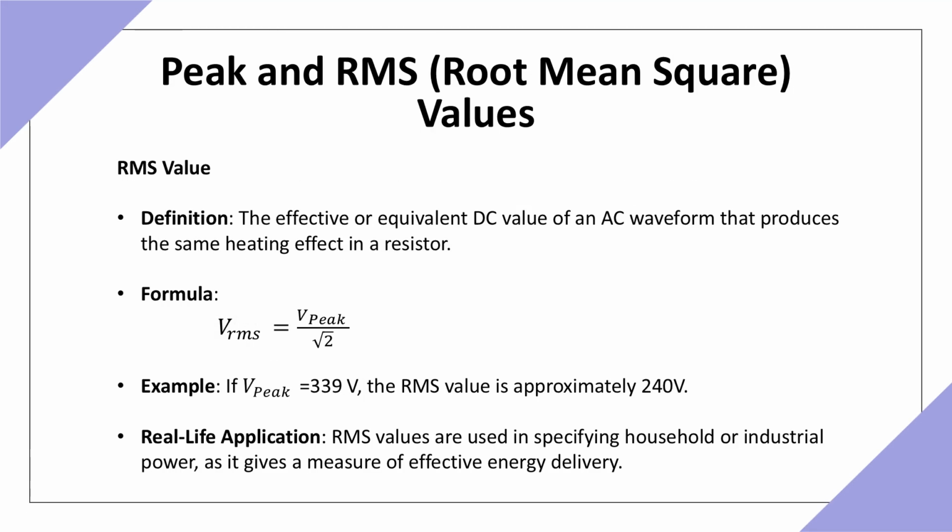RMS, root mean square, value is the equivalent DC value that delivers the same heating effect. For a peak voltage of 339 volts, the RMS value is approximately 240 volts. RMS values are crucial for specifying electrical systems because they give a practical measure of the energy delivered.